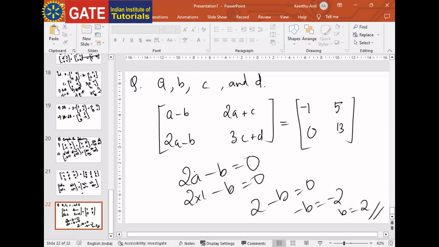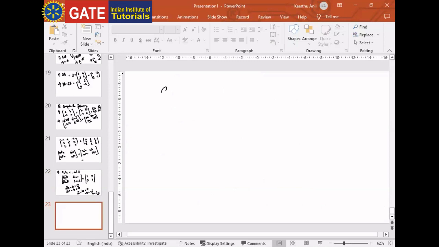A equals 1. Maybe by solving, I guess. A minus B equals minus 1. 2A plus C equals. These two can be solved, right? A minus B and 2A minus B. If you go for direct elimination, you'll be getting, tell me, A minus B equals how much?